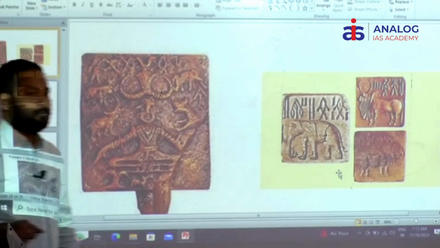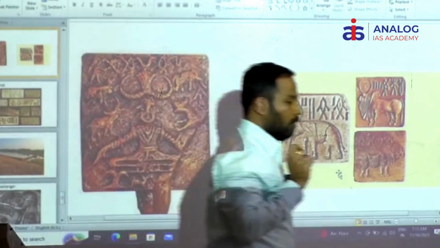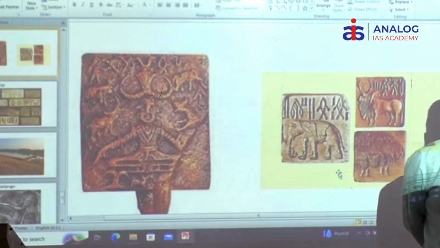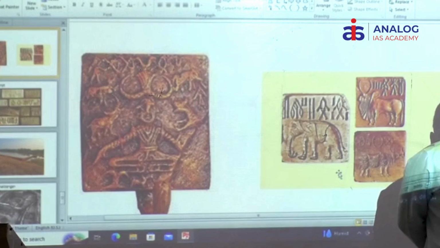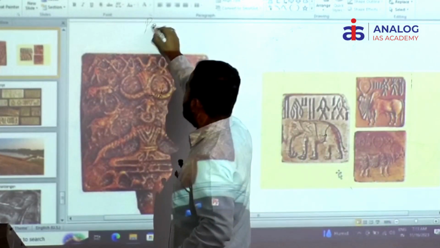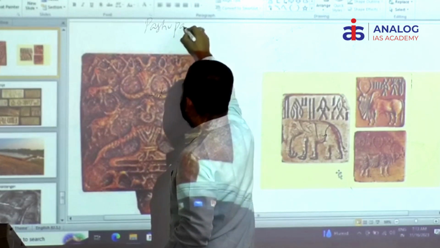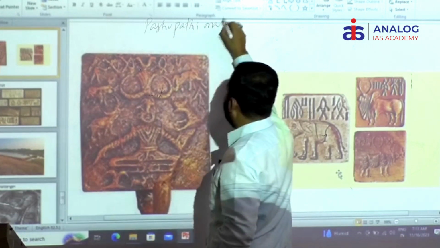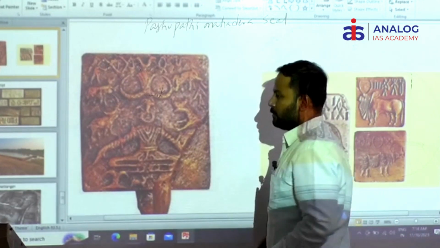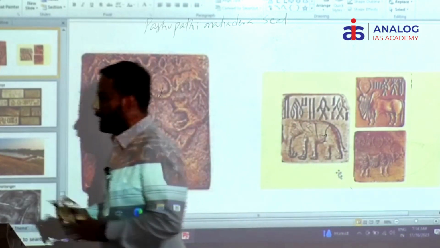Write down. Pashupati Mahadeva seal was found.